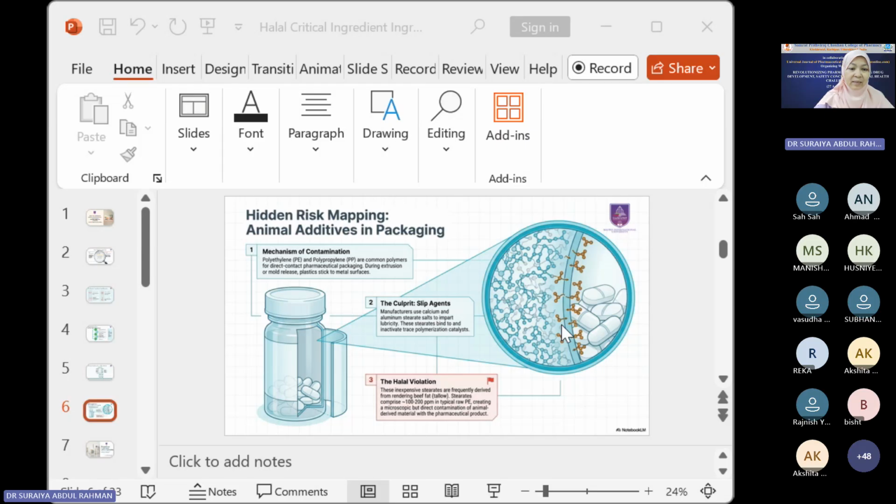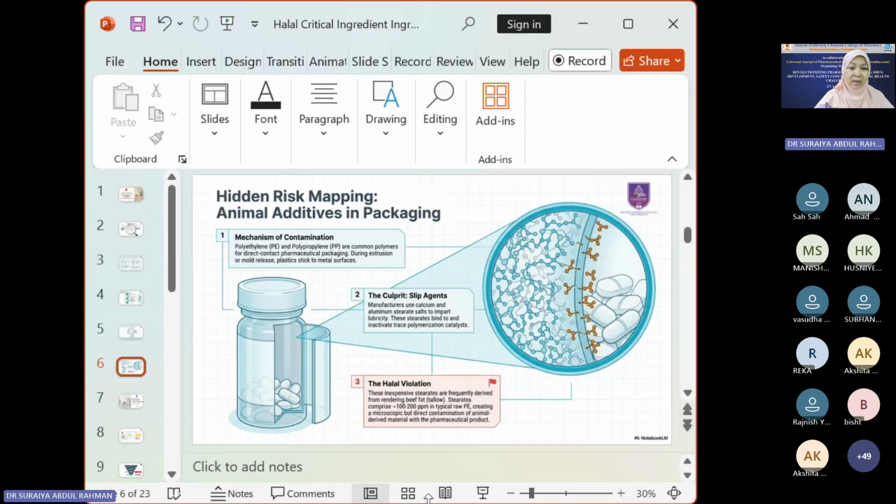These stearates may actually come from animal-based ingredients. So the halal violation here is that the stearates are frequently derived from beef tallow, which is not slaughtered according to Sharia law.